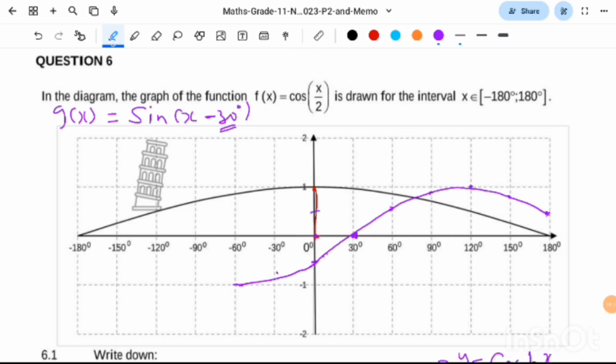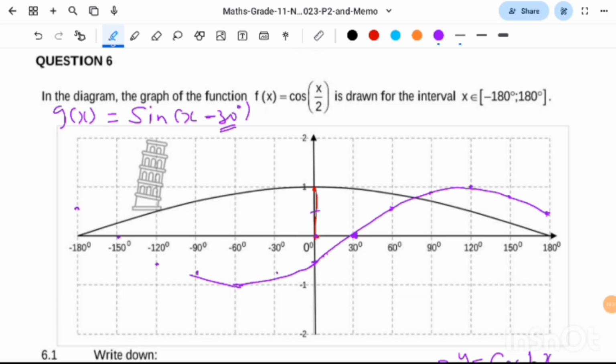And then it will go on, and it will be here, and then here, and then 0, and then 0.5.